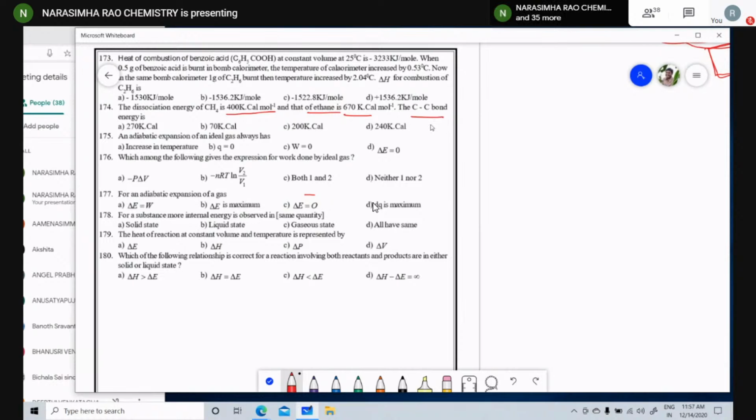Then find out the C-C bond energy. How to solve this problem? Now observe, children.